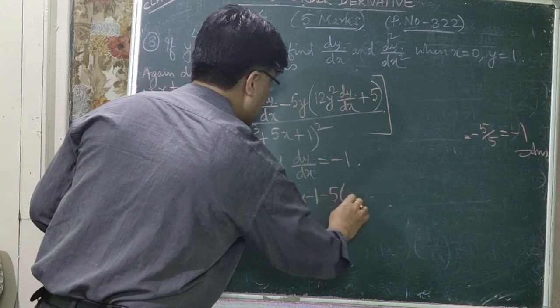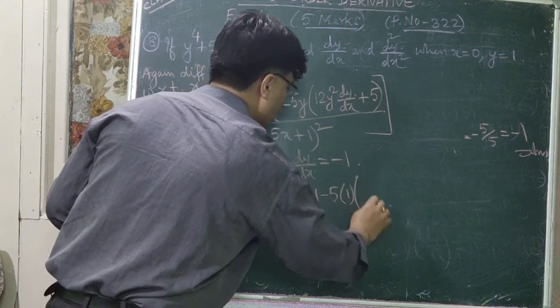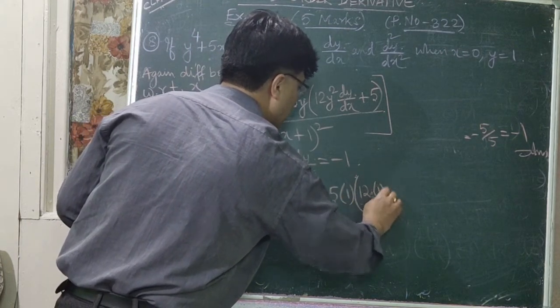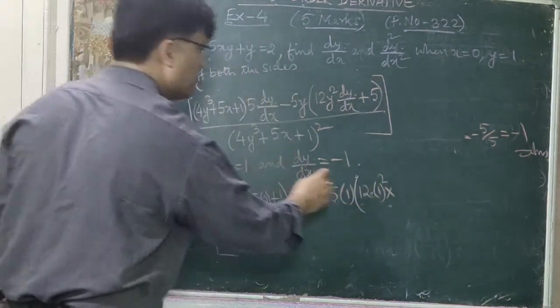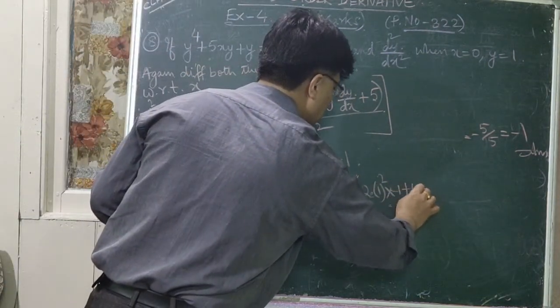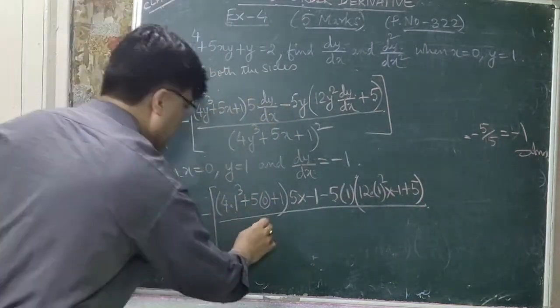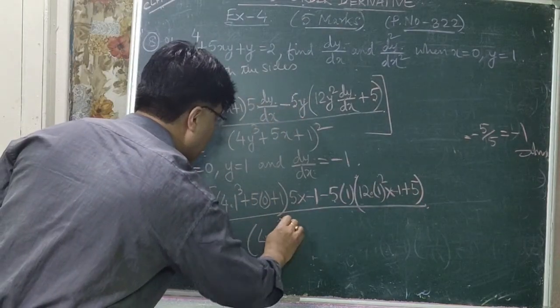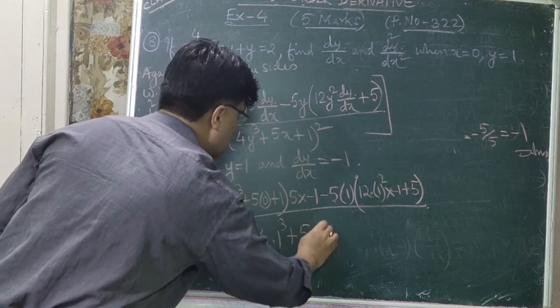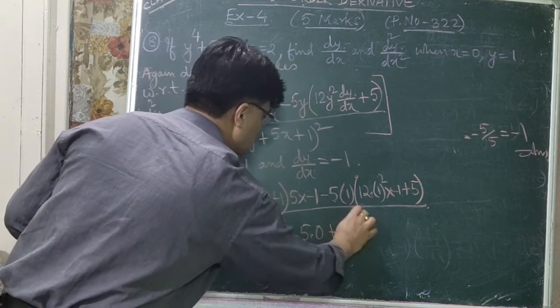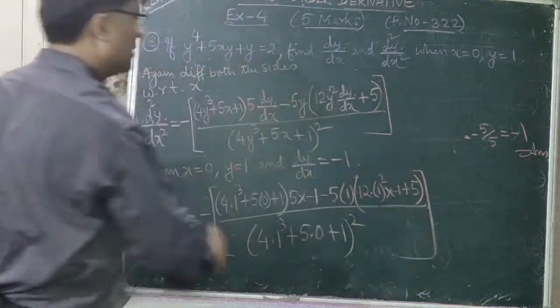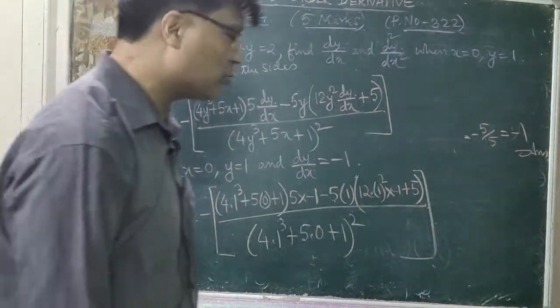Minus 5 into the value of y, 1. Within the bracket 12 into 1 whole square into dy by dx, minus 1. Then it is plus 5. Whole divided by, in the denominator, it is 4 into 1 whole cube plus 5 into 0 plus 1, whole square. The third bracket is closed. I think you have understood it.